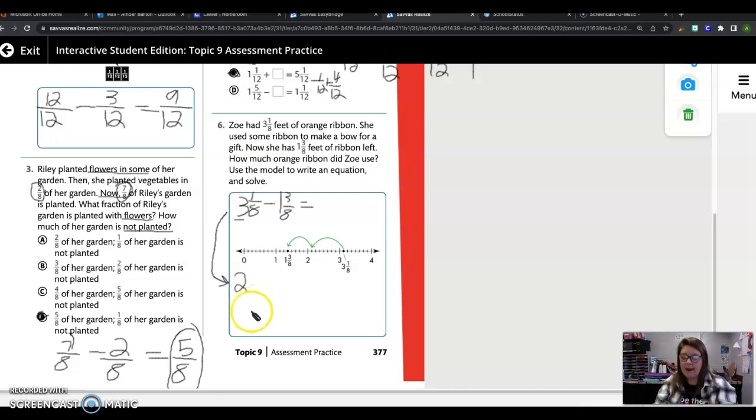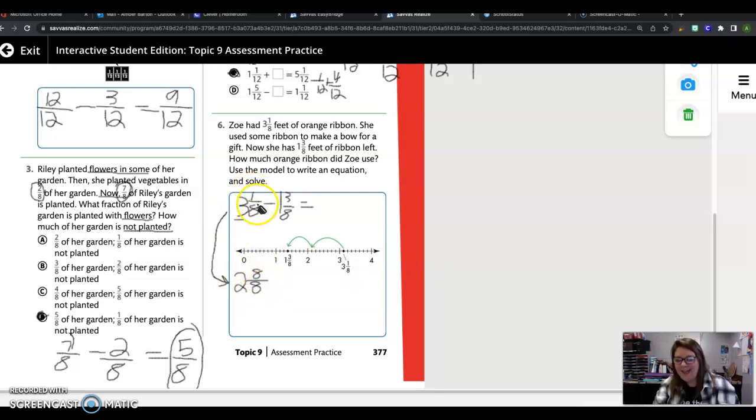So what would my fraction need to be in order to equal 1? 8/8. Okay, so if I look up here, my denominator is 8, and I'm trying to keep it all the same, right? So 2 8/8 is the same as 3, okay, because this is saying 2 plus 1 whole, right?